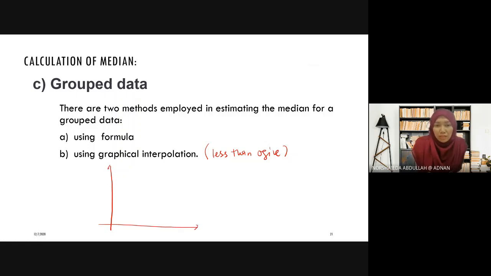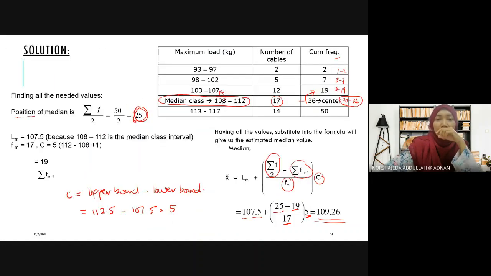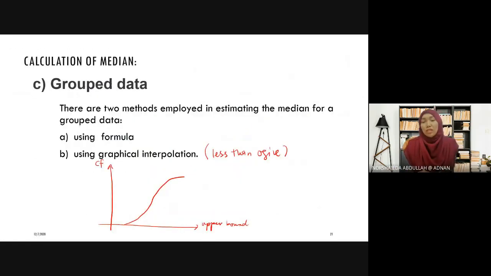Let's say we have the ogive. In the ogive, Y is the cumulative frequency and X is the upper boundary. Let's say we have an ogive like this. To find the median, we need the value of the position also. We need to know the position.